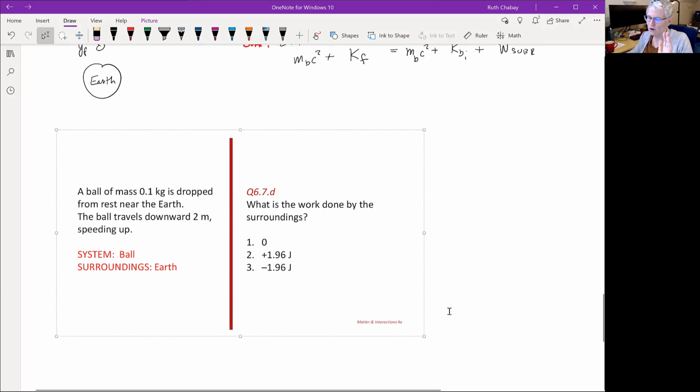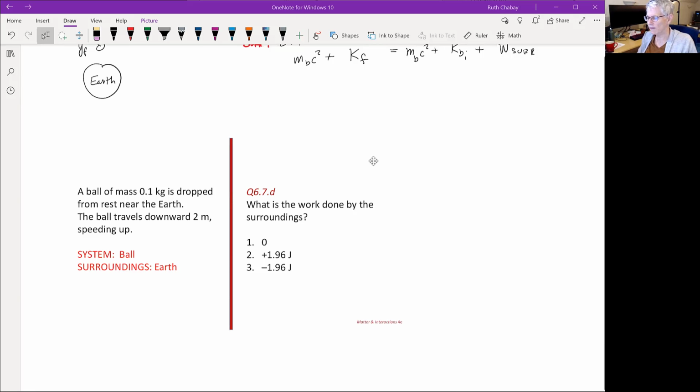Okay, so let's say the ball has a mass of 1 kilogram. We consider a situation in which it falls a distance of 2 meters, speeding up. So what's the work? We pick the ball as the system, the surroundings are the Earth.